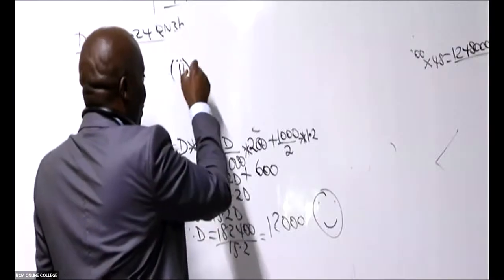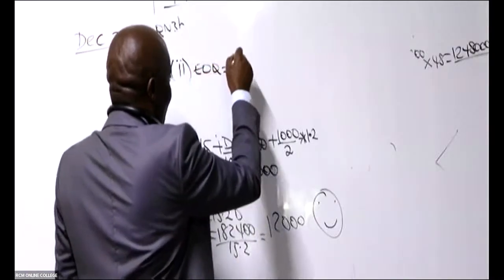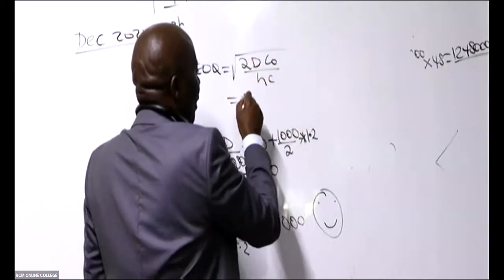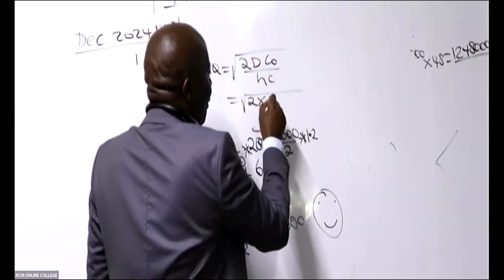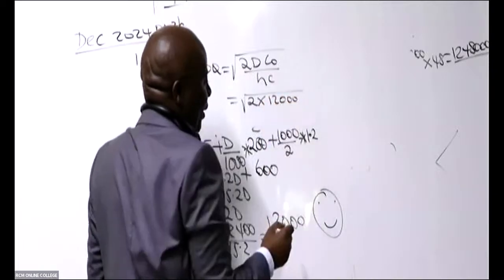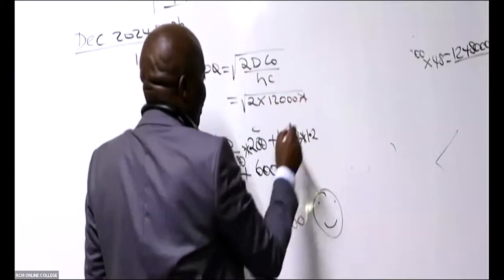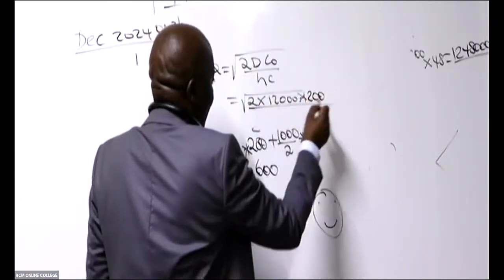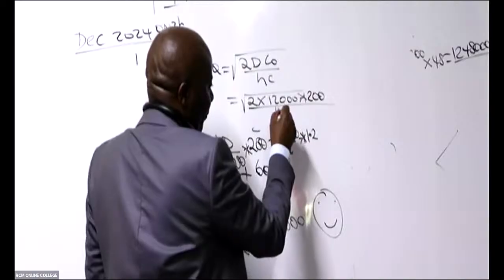So EOQ will be the square root of 2DCo over Hc. Annual demand, you gave me a figure of 12,000, isn't it? Cost per order is 200, and the holding cost you gave me was 1.2.